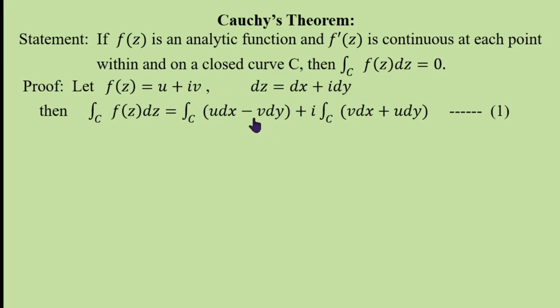I square is minus 1, therefore the real part is the integral of u dx minus v dy, plus i into the integral over C of v into dx plus u into dy. Just separate the real and imaginary parts.